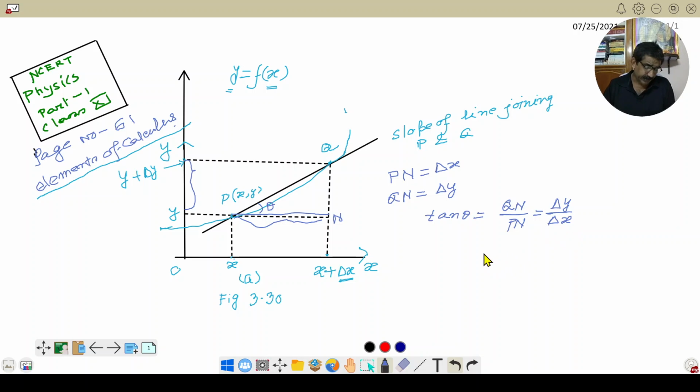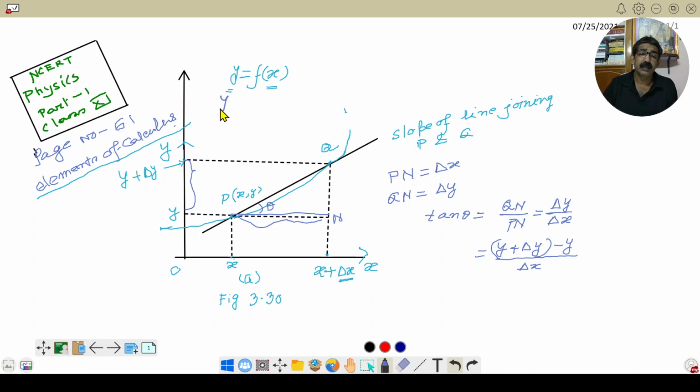And we can write delta y is equal to y plus delta y minus y, divided by delta x.